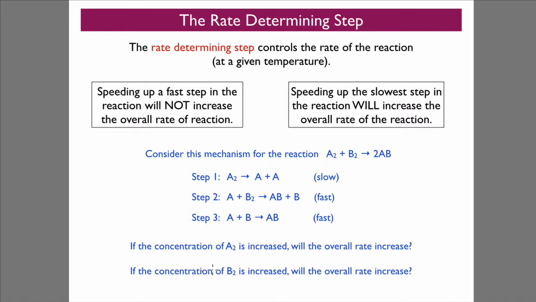Conversely, if the concentration of B2 is increased and A2 isn't, then the overall rate will not increase, because you still have to have this slow process occur before the fast process can occur. So this will determine the rate. So the concentration of B2 will not affect the overall rate of the reaction.